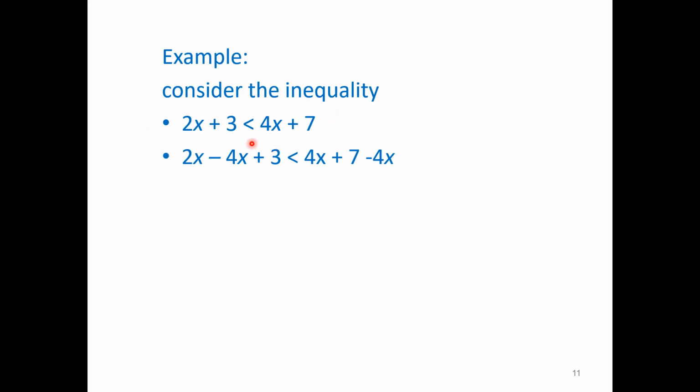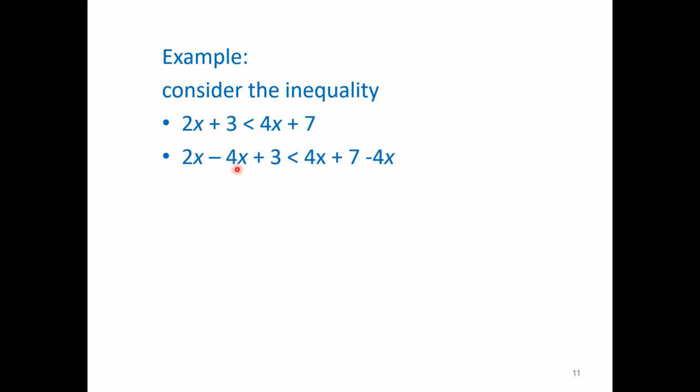Similar to the equation, I'm going to keep the x on one side and the numbers on the other side of the inequality, because we can still call this the left side and this the right side, and we have the sign of sense between them.